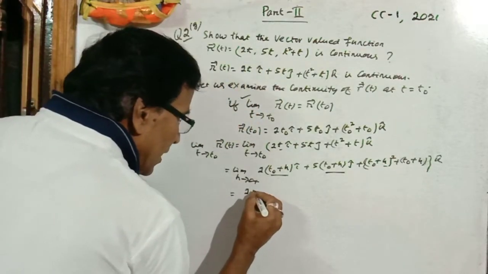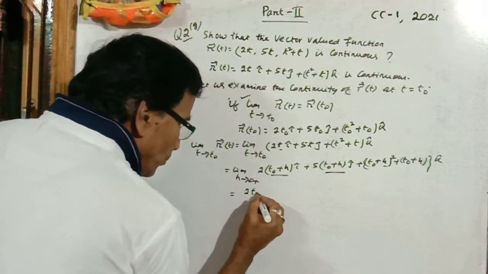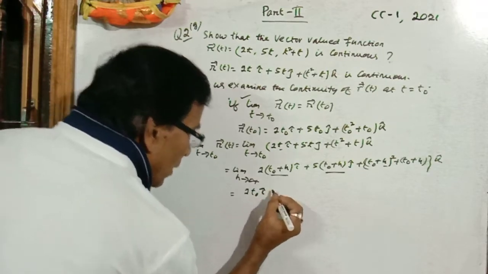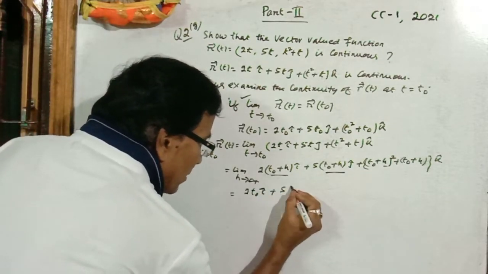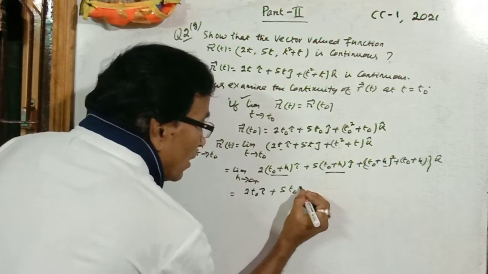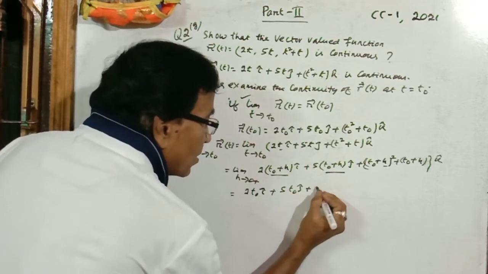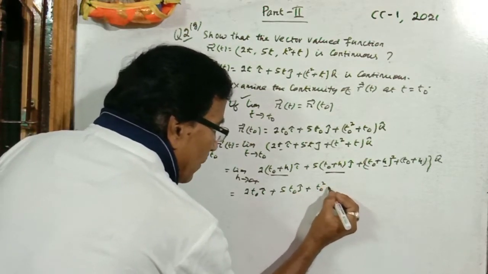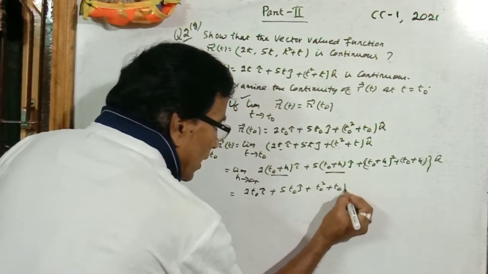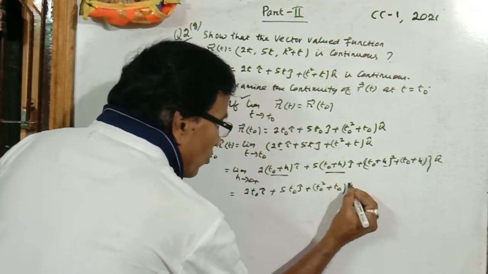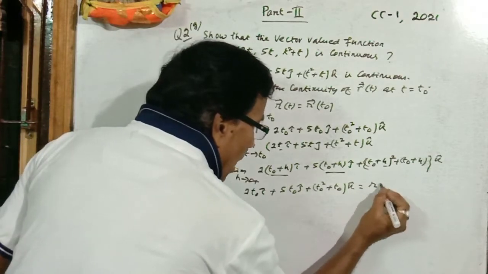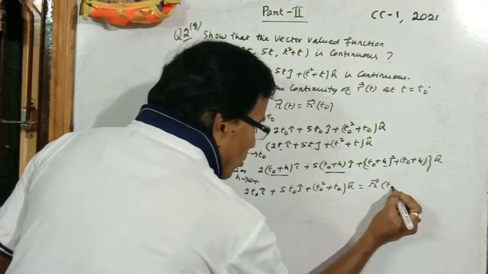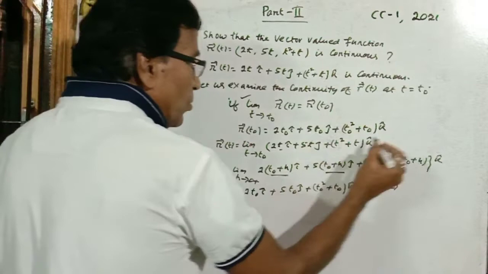That means it is equal to 2 times t0 i cap plus 5 times t0 j cap plus t0 square plus t0 whole into k cap. So that is equal to your functional value r of t0.